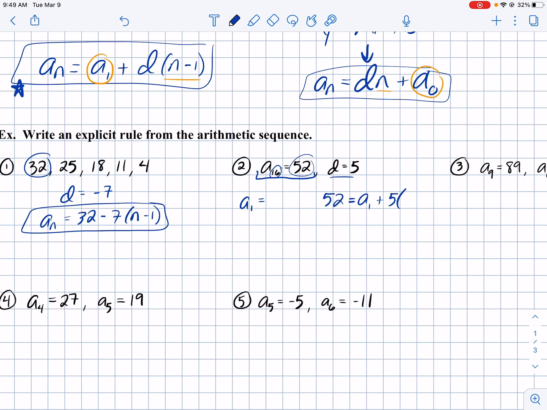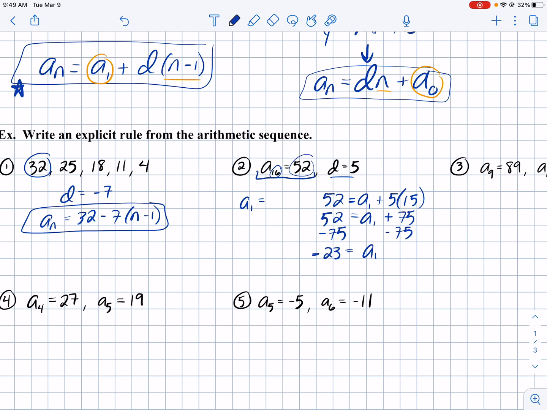It's term 16. So 16 minus 1 is 15. And then we just keep solving. 52 equals a sub 1 plus 75. Move that 75 over. We're just solving algebraically. And we got our first term of negative 23 here. All right.